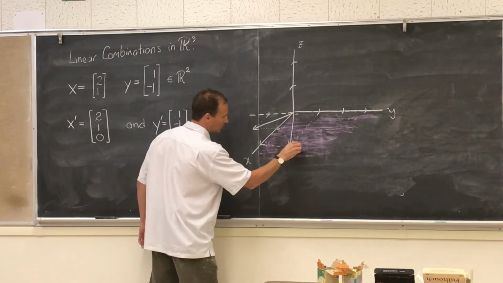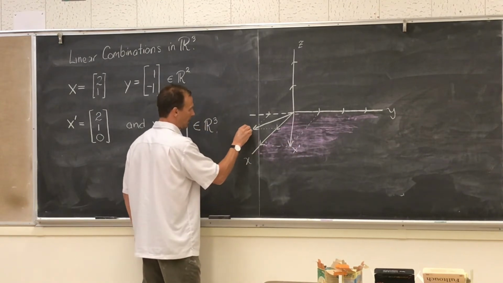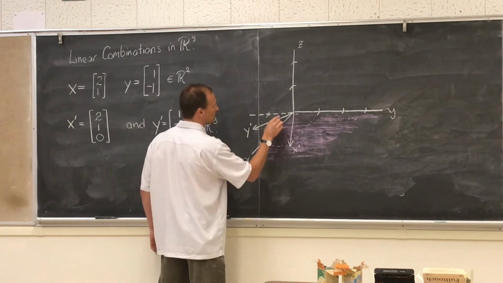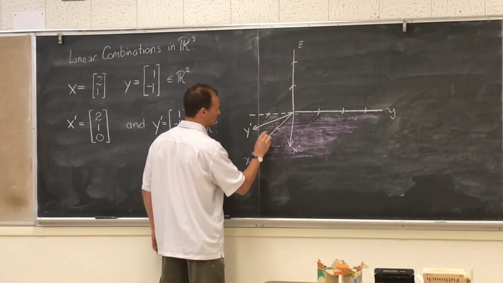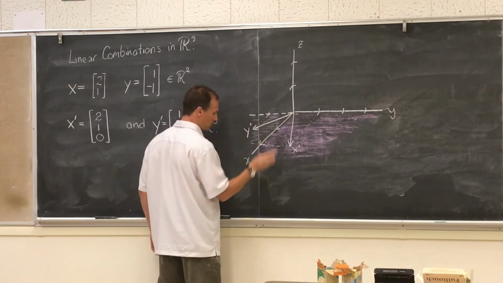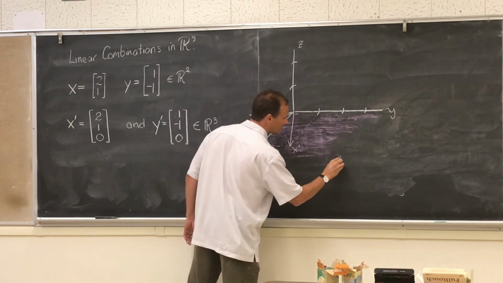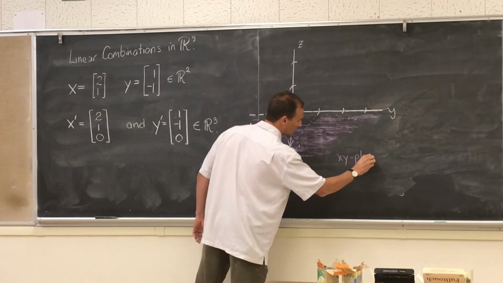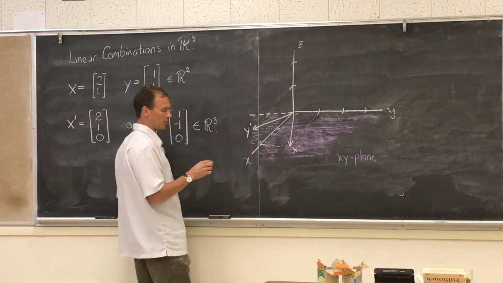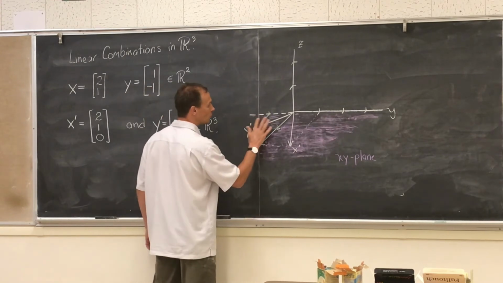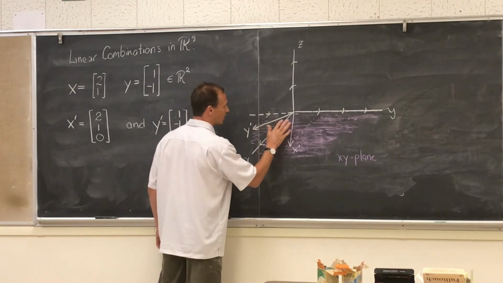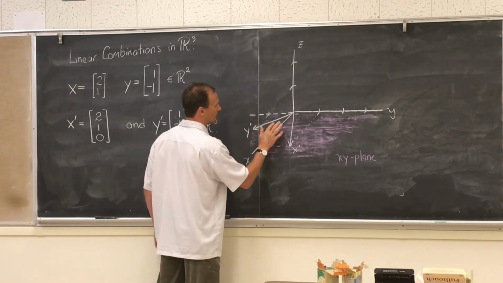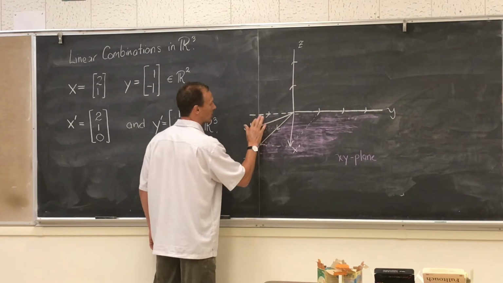So this is x prime, this is y prime, and this region here is also purple, so I'll give it a little purple hue just to help us see that the purple is the xy plane. You don't say it's R2 though, because R2 only has 2 components. We're in R3, so you just refer to this now as the xy plane in R3.